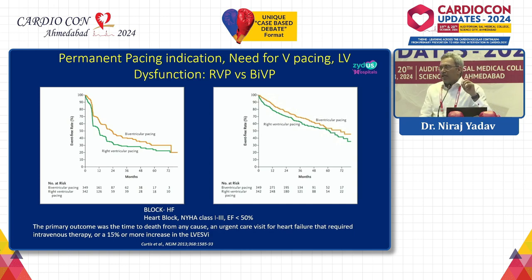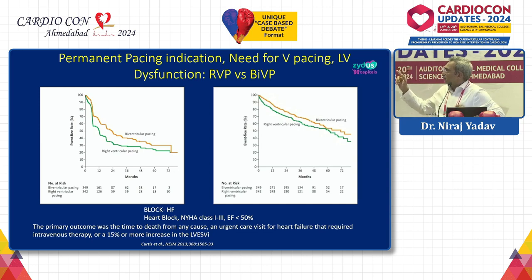Remember, this is the landmark trial on the basis of which we implant CRT in patients with LV dysfunction. This slide is very amazing. If you look at the graph, RV pacing versus biventricular pacing, if biventricular pacing is substantially better than RV pacing, I would like to see the graphs diverge from each other.